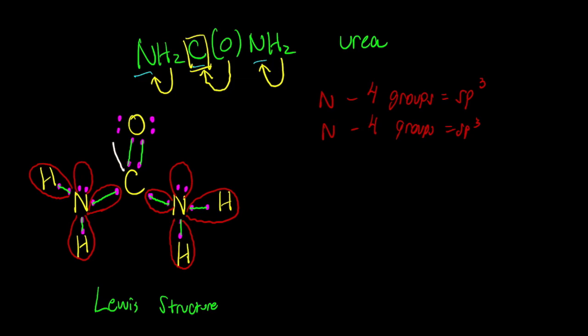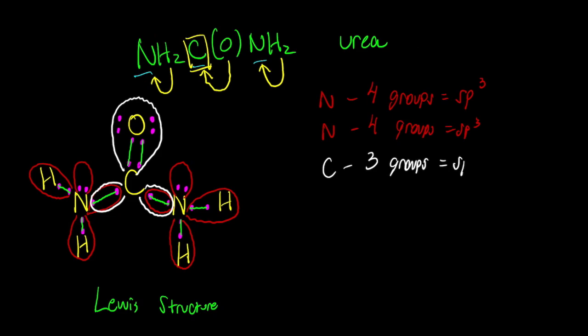So this carbon is bonded to this electron group, this electron group, this electron group. So carbon has 3 groups, and remember we call that sp². sp². All right, so if you could do something like that, you got it made. Okay, you got it made.